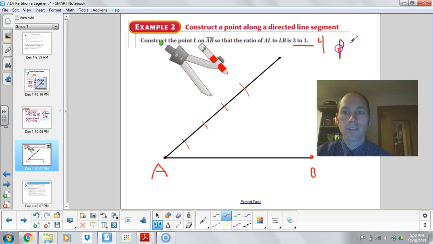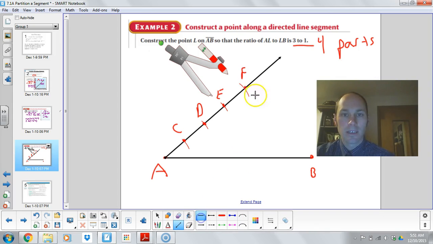Now we need to transfer those parts over to our other line. So let's label these points C, D, E, and F. And now I'm going to get my straight edge. I'm going to connect B to F, because I know those need to match up there.